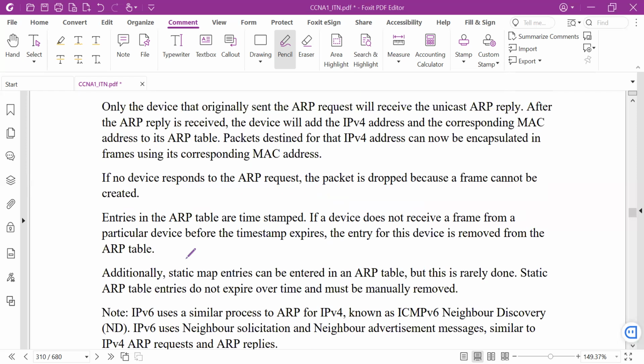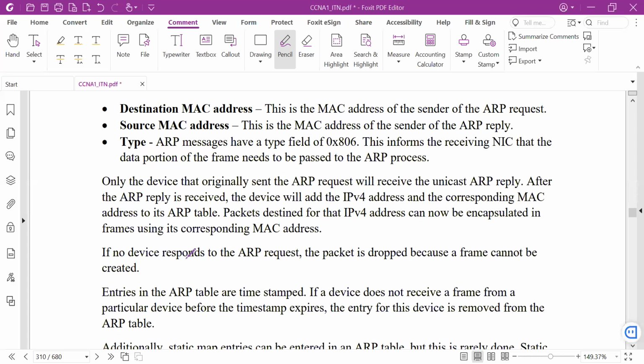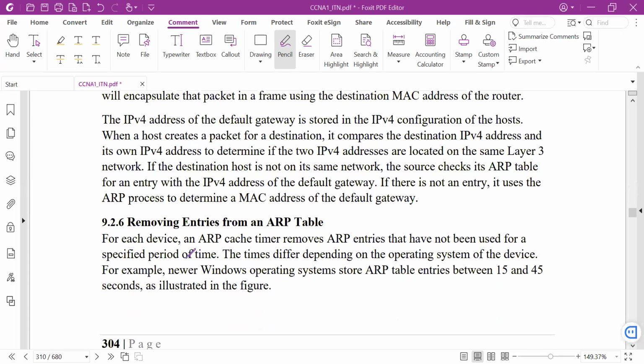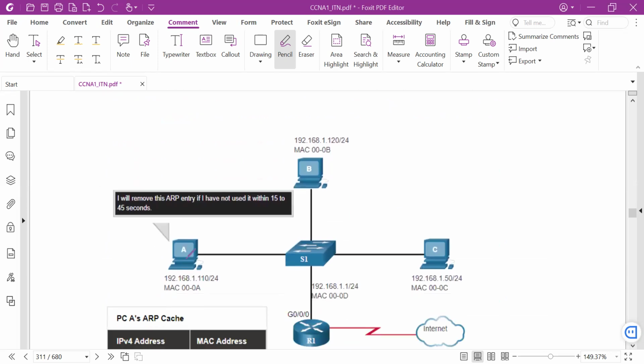Rephrase. What do you mean? Okay, we have two different networks, right? Yes, like that one. So let's say your PC A is looking for the MAC address of the default gateway.